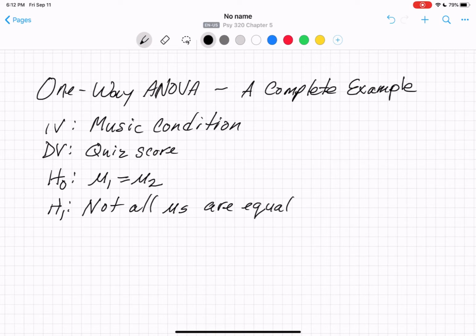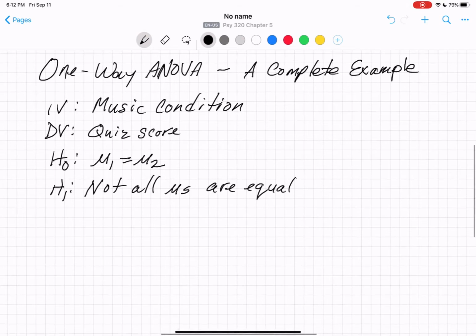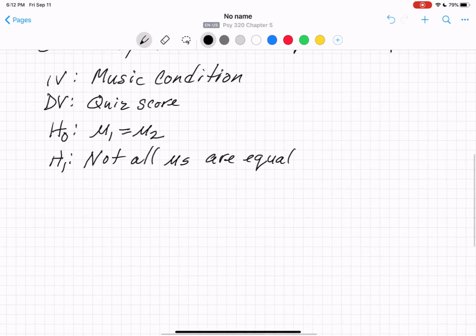Since we have only 2 groups, you could write mu1 does not equal mu2, and that would be okay, but if you have more than 2 groups, you have to write it as not all mu's are equal. The next thing you should do after you write your hypotheses is test for homogeneity of variance.